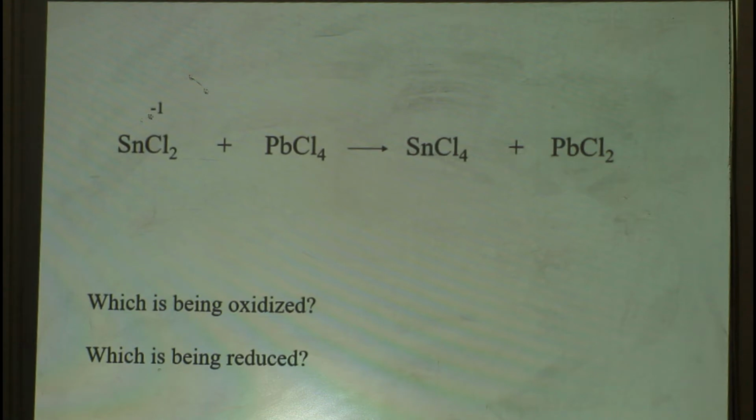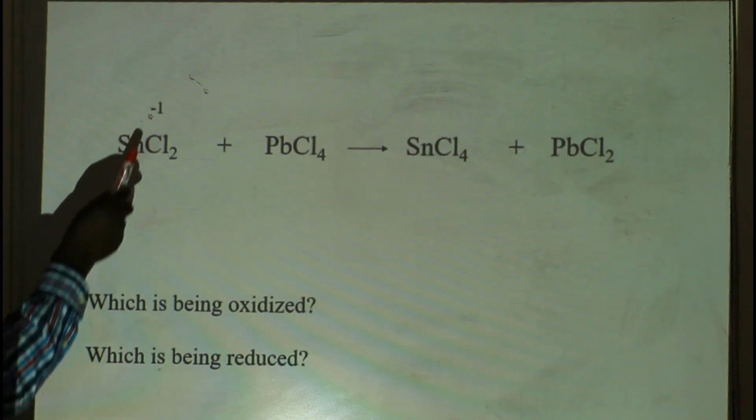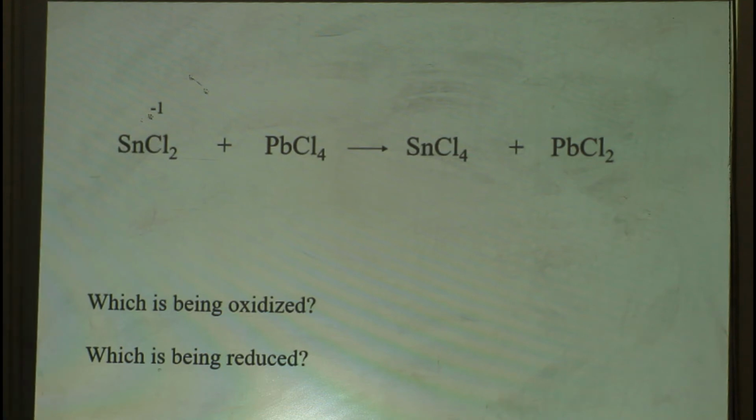You realize that the chlorine has an oxidation state of -1, as indicated, and then the tin has a state of +2. When it comes to the chlorine here, it's still -1, and then the lead is +4. Now, let us look at the changes.